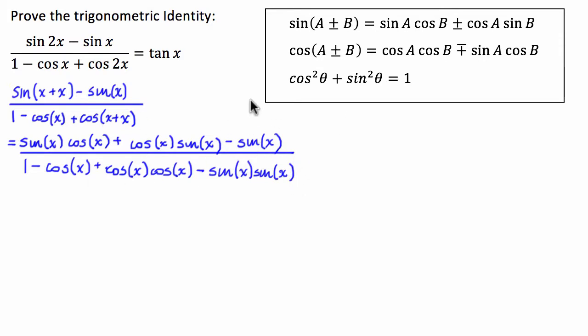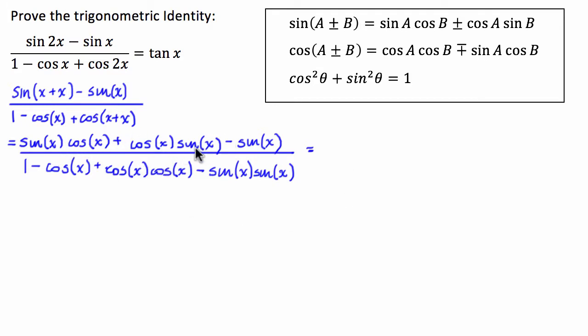Cool, so I'm doing this the longhand for you guys here, just so you can see exactly what I've done. But in an exam, I would probably take this straight to just this second one here, cos squared x minus sine squared x, just to save time. However, we're not in an exam right now, and it's just important that you understand what's going on.